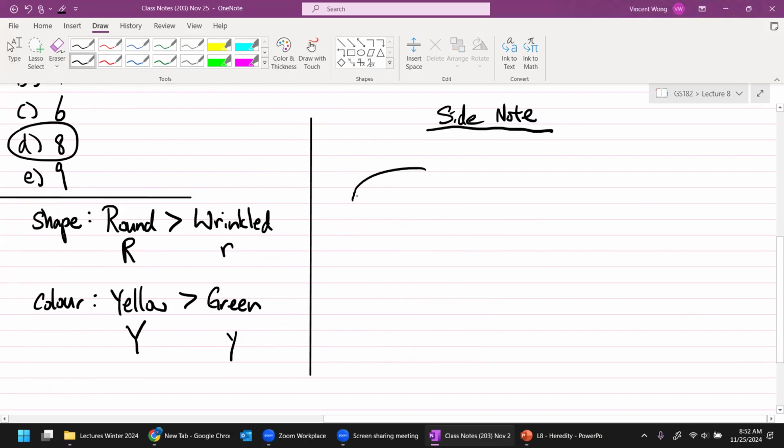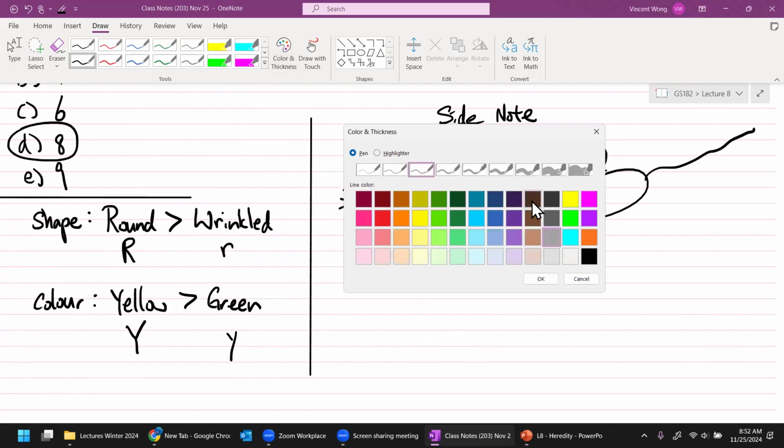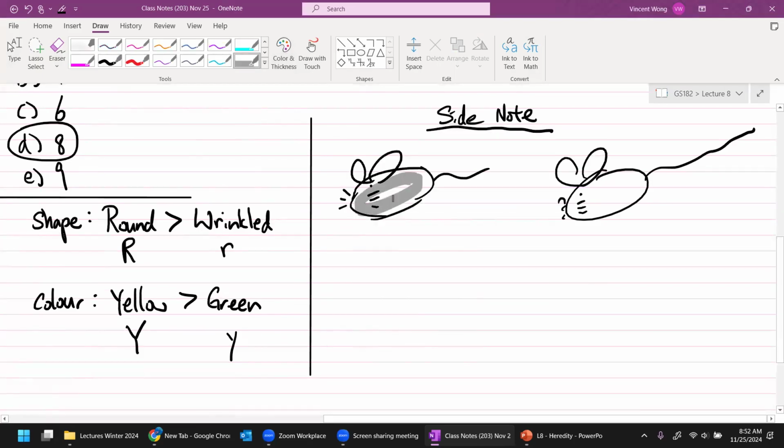Okay, let's say we have a mouse here, and then we have another mouse. We kind of did this last time, right? Remember? This one here has a gray coat and a short tail.